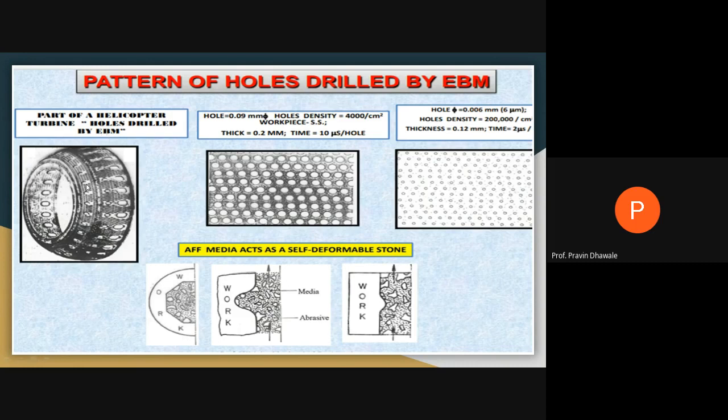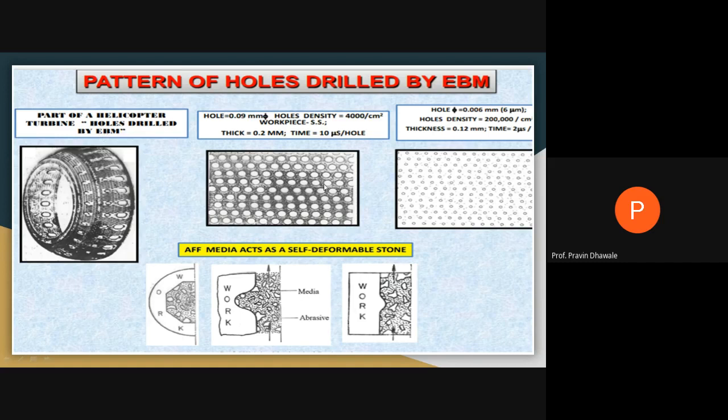What does this figure show? This is the helicopter turbine part, and we are providing a number of holes of complex geometries here. These are the number of holes: large size, small size, certain irregular size. Right? Such holes are to be produced by using the electron beam machining.